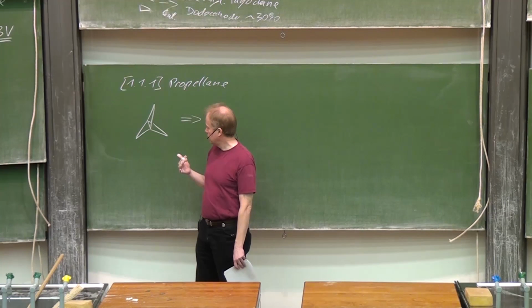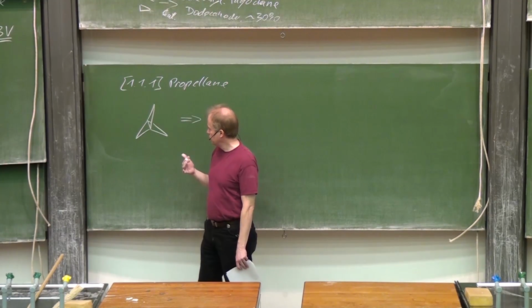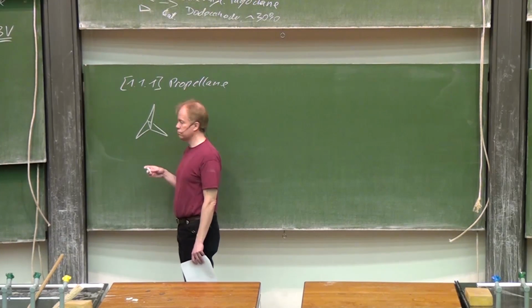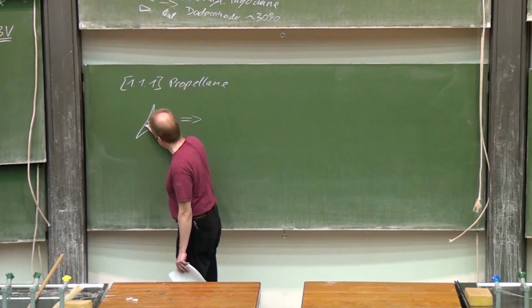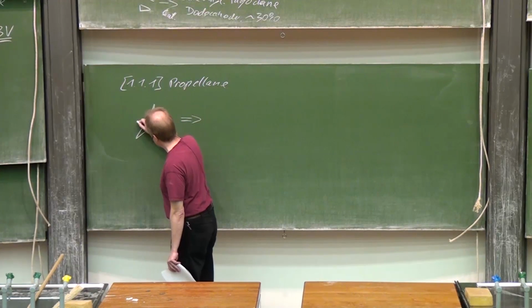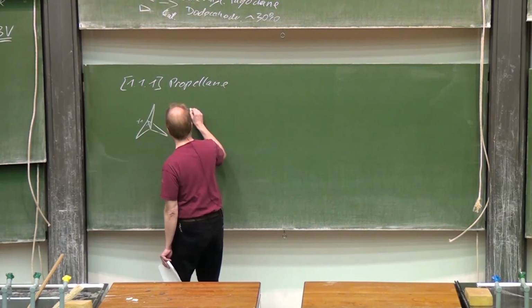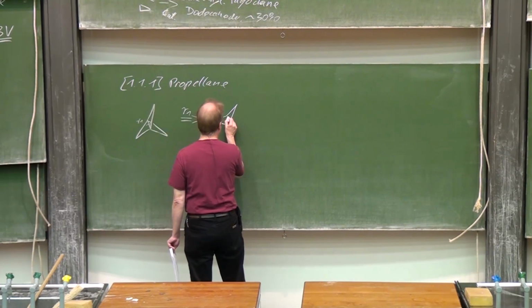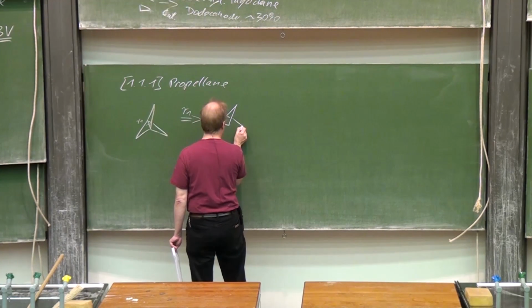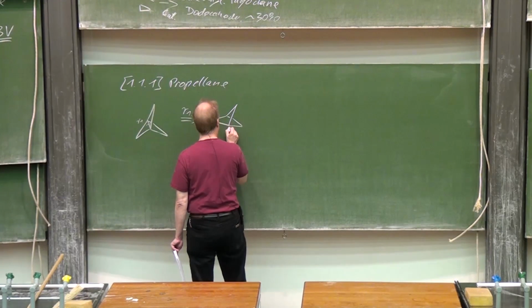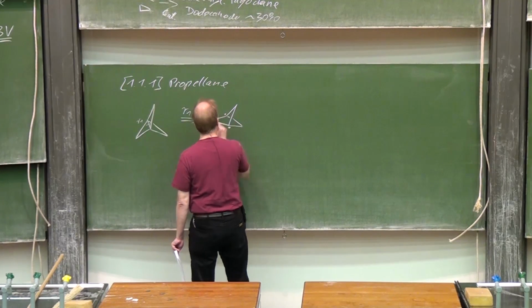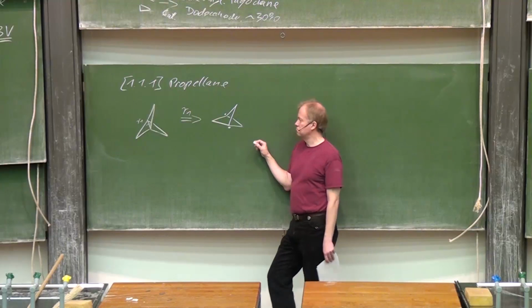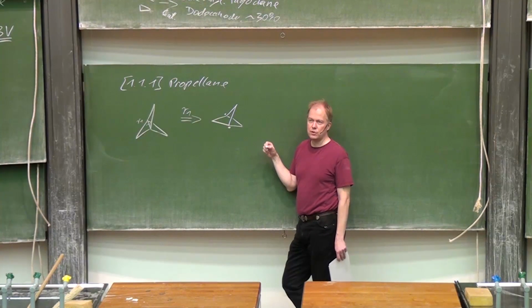Okay? So, and in retrosynthetic analysis, we could think of, well, let's call that R1. Disconnect in the center homolytically to a diradical like that.